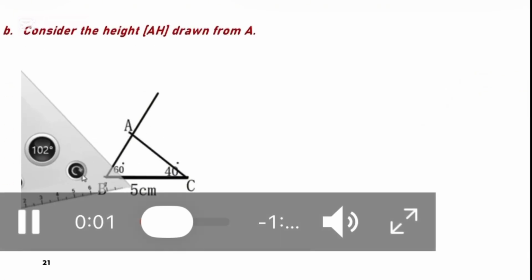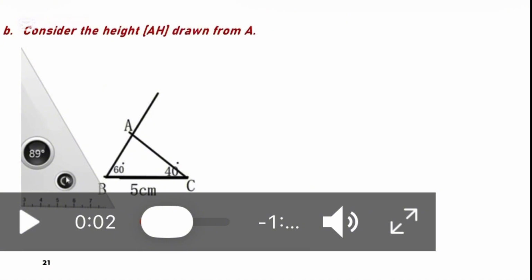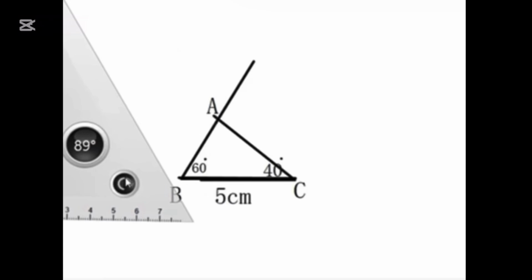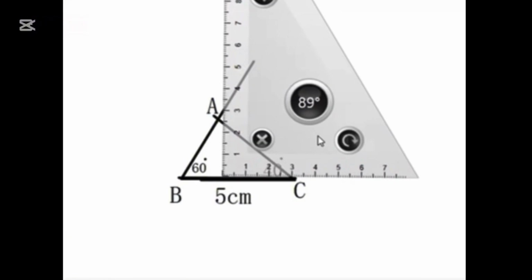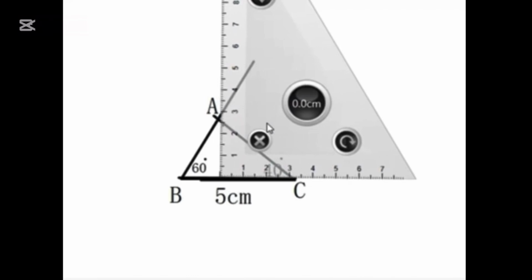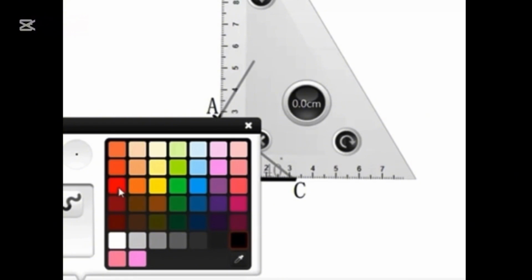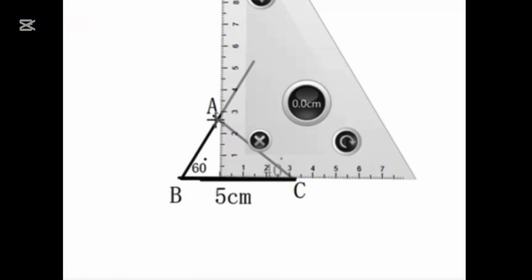Part B. Consider the height AH drawn from A. Let me ask Hassan what the meaning of height is and how to draw it. Yes, we draw a height using the set square. It's a line. So we put the set square on side BC and we draw from vertex A a line making 90 degrees with segment BC.